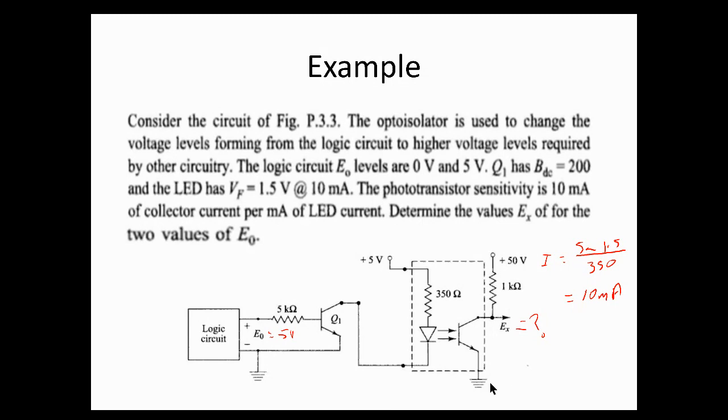It would be the 50 volts minus the voltage drop across the 1 kilo ohm resistor. Would that be correct?